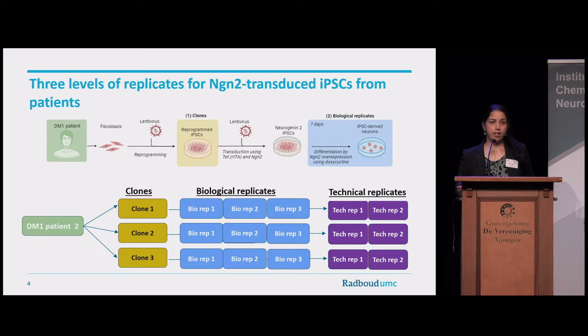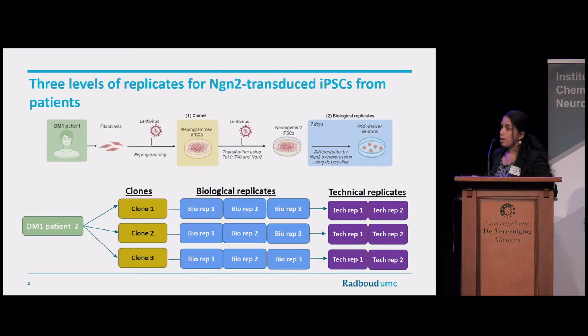The level of hierarchy that I was talking about can be seen here. For some patients, we had multiple iPSC lines, which we call clones here. For example, for DM1 patient 2, we had clones 1, 2, and 3. These were differentiated in vitro for 7 days, at 3 independent time points, which we call biological replicates.